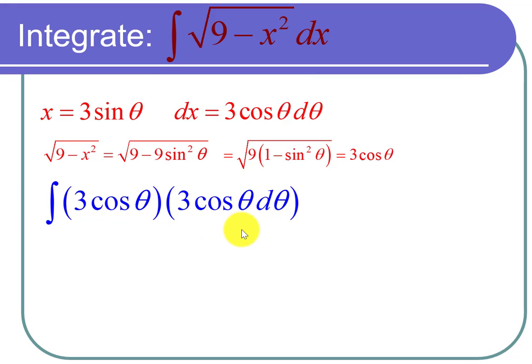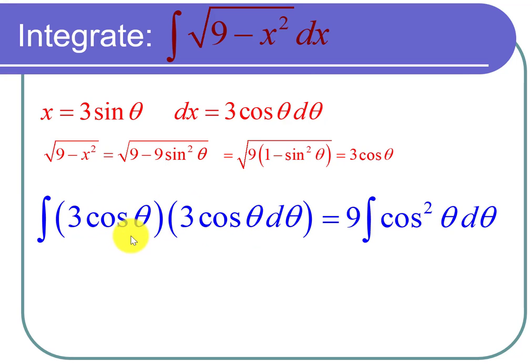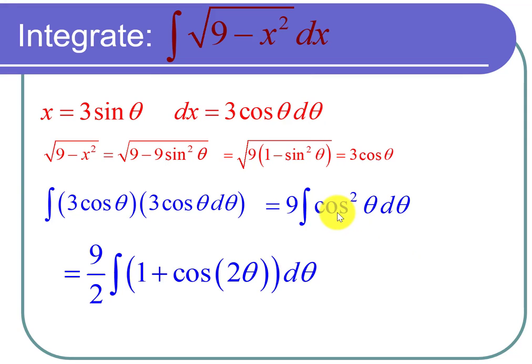Now we can multiply that together. 3 times 3 is 9, and cosine theta times cosine theta is cosine squared theta. Pull the 9 out, and you get 9 times the integral of cosine squared of theta d theta. Now I could use the half angle formula. The cosine squared of theta is 1/2, so we get 9 halves times the 1 plus cosine of 2 theta, d theta.